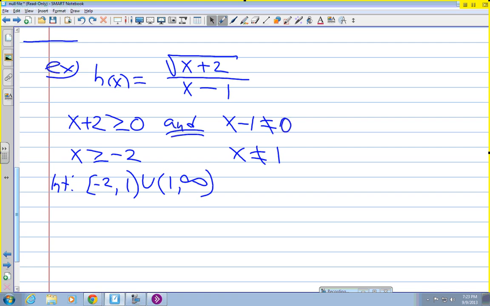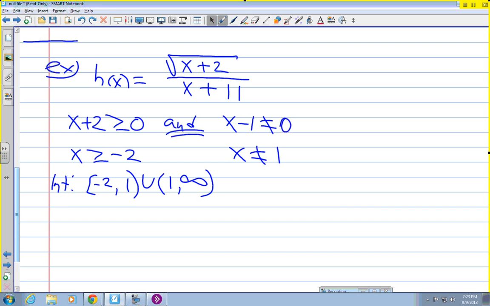Is that okay? Does that make sense? So this is more of a complex situation. A little note, don't write this down, I just want to verbalize this. If I make my denominator x plus 11, for example, then on this side I have to make sure that x cannot equal negative 11, right?